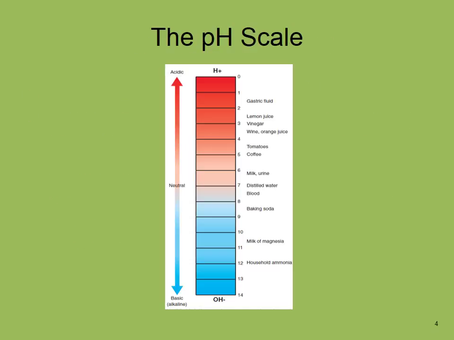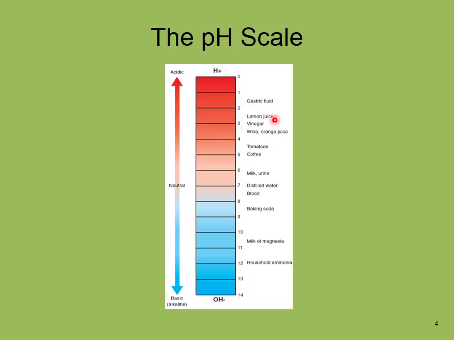Here's our pH scale in case you have forgotten, and I'll just point a couple of things out here. Up here is our acidic range, the red, so that means we've got lots of hydrogen ions, and our pH is very low. Very acidic things, gastric fluid, somewhere between 1 and 2.